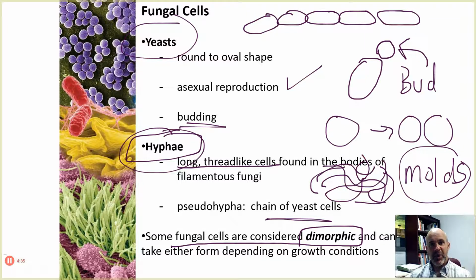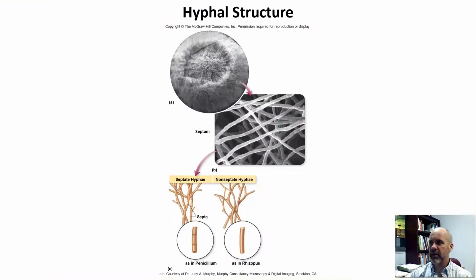However, when you breathe them into the body and they encounter human body temperatures, 98.6 Fahrenheit, which is 37 Celsius, they change to a yeast-like form, and they function as single-cellular yeast. So there are some fungal pathogens that cause some really nasty respiratory infections that behave in that way, and they're considered to be dimorphic.